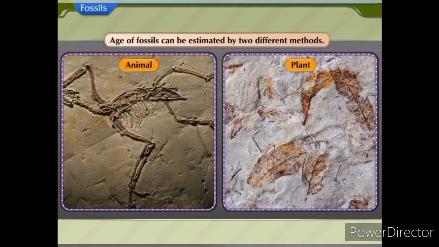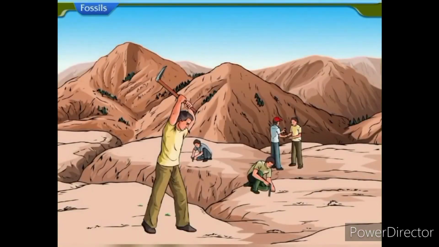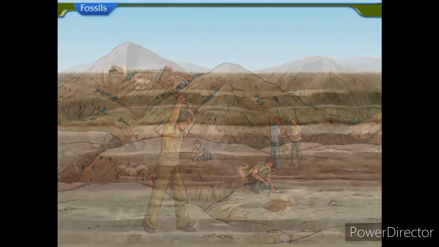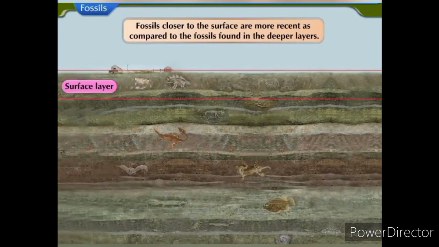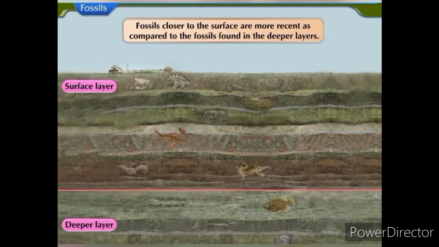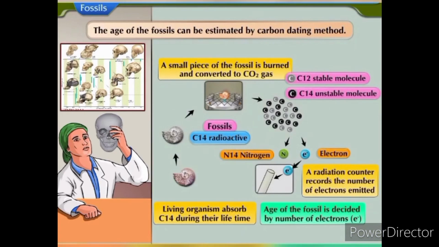There are two different methods by which we can estimate the age of fossils. If we dig into the earth, we find that the fossils closer to the surface are more recent as compared to the fossils found in the deeper layers. The age of the fossils can also be estimated by the carbon dating method.